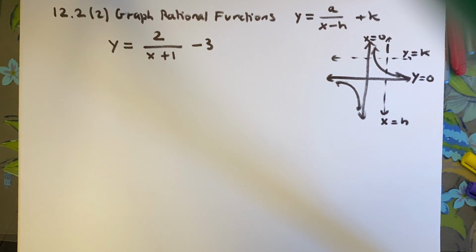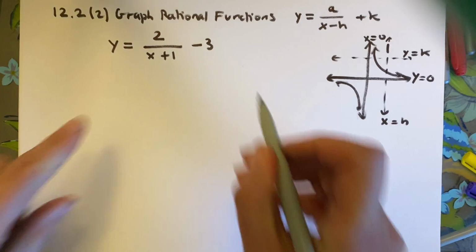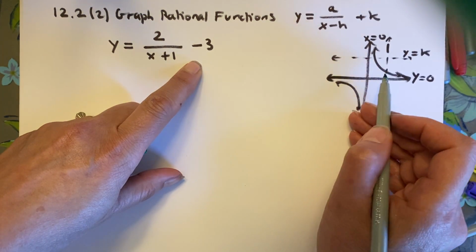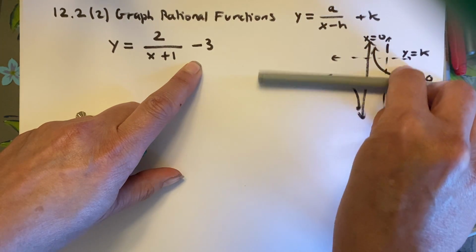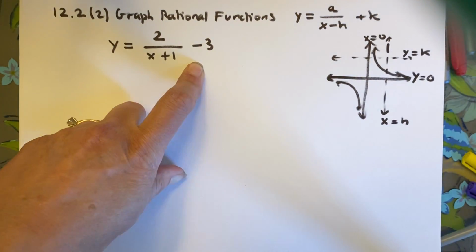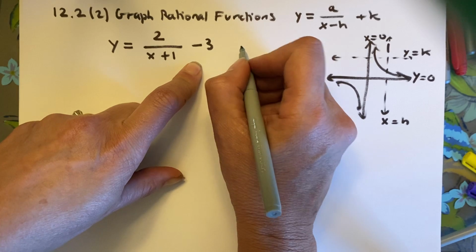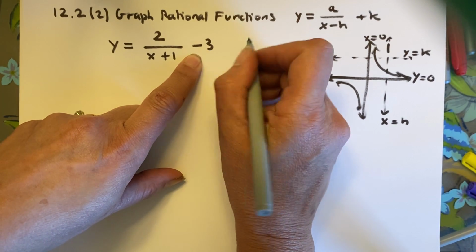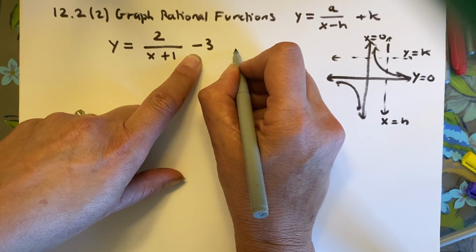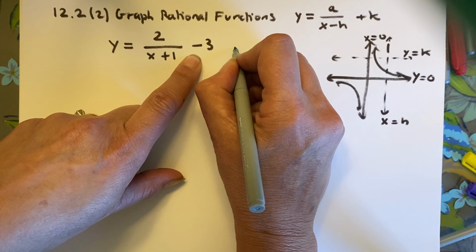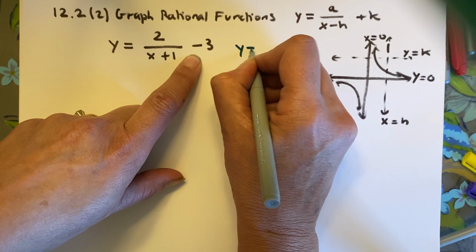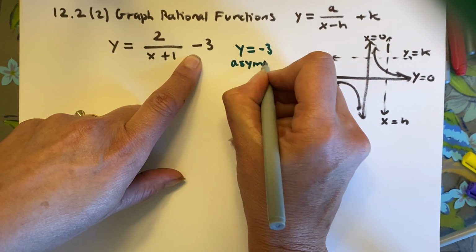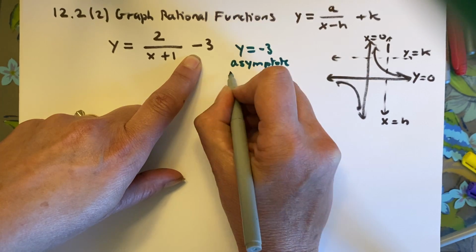Well, k is the value that moves it up from y equals 0, and in this case, that k value is going to be negative 3. So this means we're going to have an asymptote of y equals negative 3. This is the asymptote, which is horizontal.